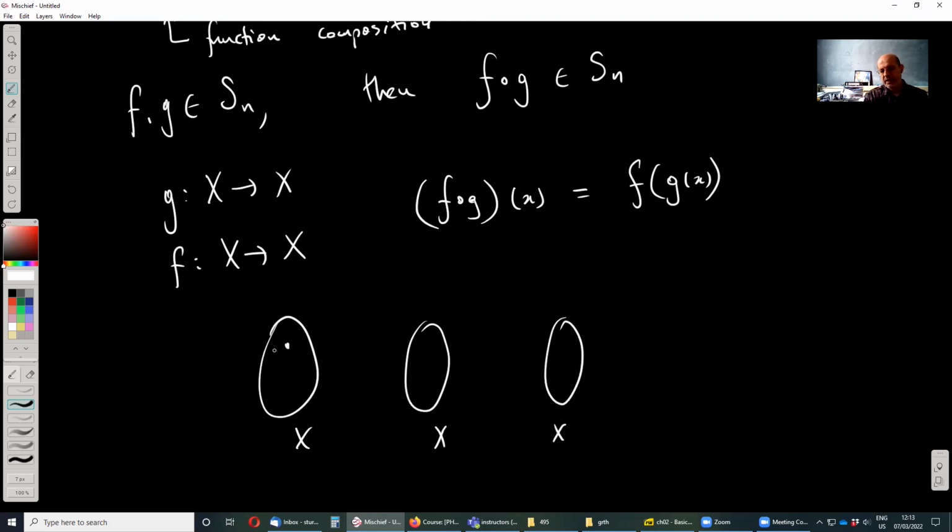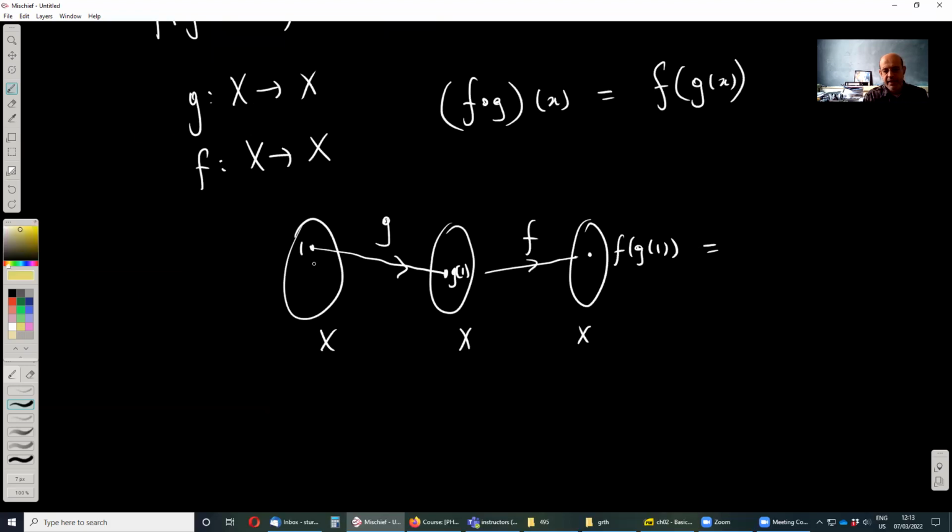So for example, the element 1 is mapped into g of 1 by the map g, and then by the map f, it is mapped into, therefore, f of g of 1, okay? So we just show this by the symbol like that, where the element 1 is mapped to that final element by the map f of g of 1.